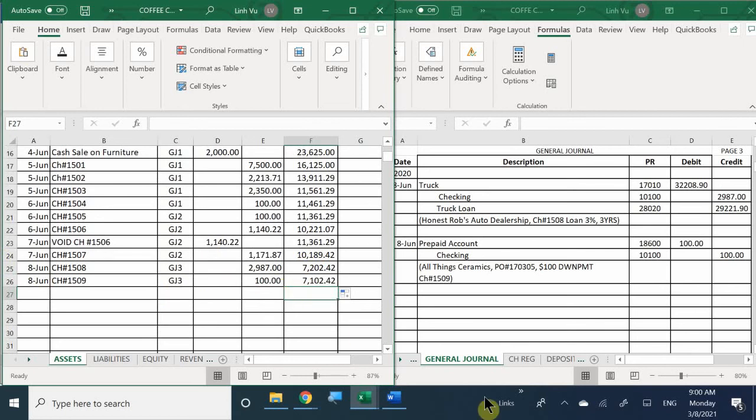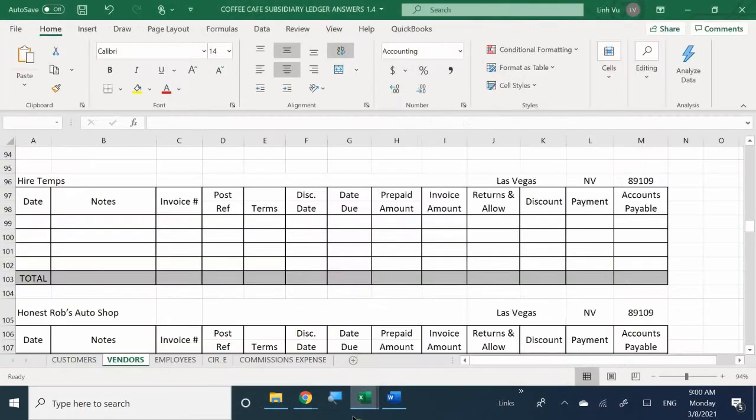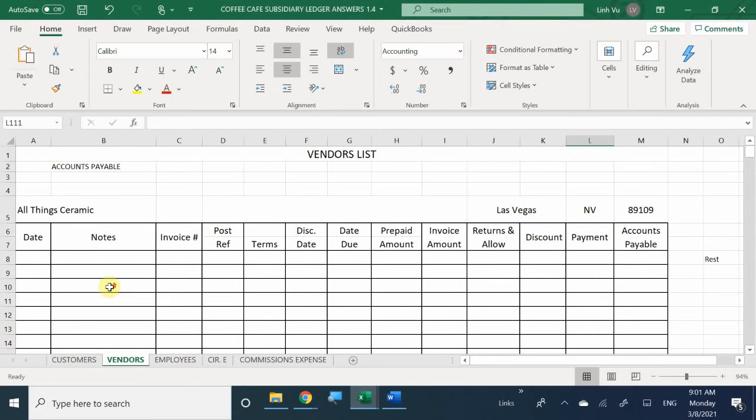Now that we completed this whole section, I'm going to enter the information into my subsidiary ledger. All the way up at the top, we have All Things Ceramics. Date is going to be June 8th.